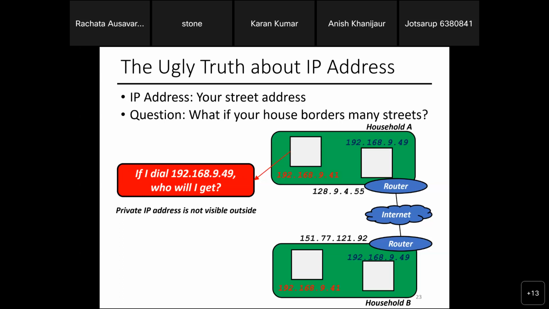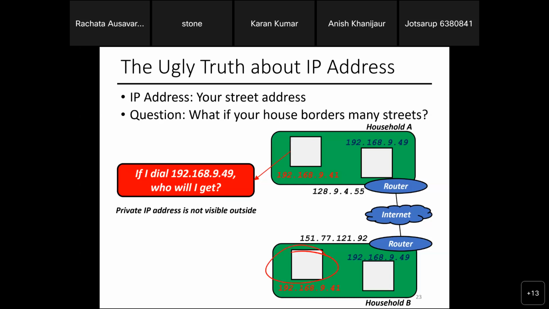In the internet connection here, you have to go through your router. The router then knows, okay, go there, and it waits for the reply back from your destination. Because the destination router and household B, for example, know that if I got a packet and I say I want to connect to 192.168.9.41, in that case the .41 is the private IP address, right?